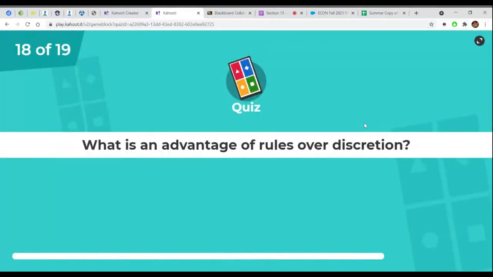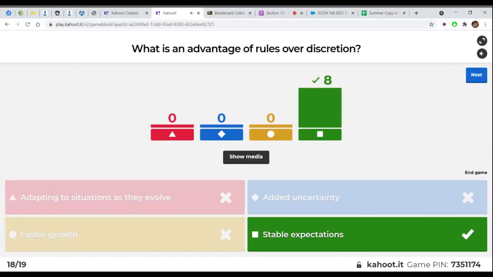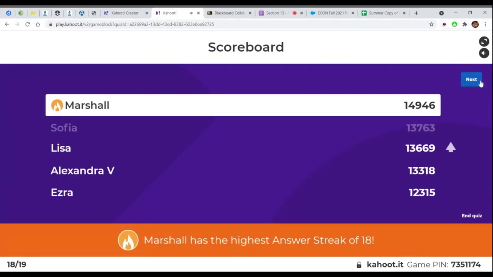What is an advantage of rules over discretion? So what's good about rules in monetary policy? It's stable expectations. Very good.